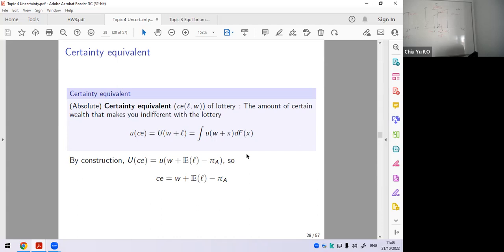So if you are risk neutral, the certainty equivalent is just the expected lottery, and the risk premium is 0. So the certainty equivalent is just the wealth plus the expected value of the lottery. Is that okay, how we define certainty equivalent? This is a very standard notation here.